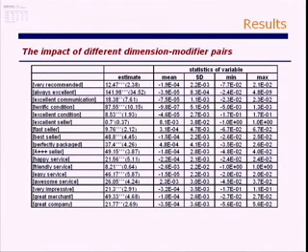I'd hesitate to compare the magnitudes of these across because the ranges of the variable values are different. So what we've done here is that the variable contains the score of the seller on a particular dimension modifier pair. And then we take the difference of that score and the corresponding score of the competing seller who did not make the sale, which is why some of these have negative means.